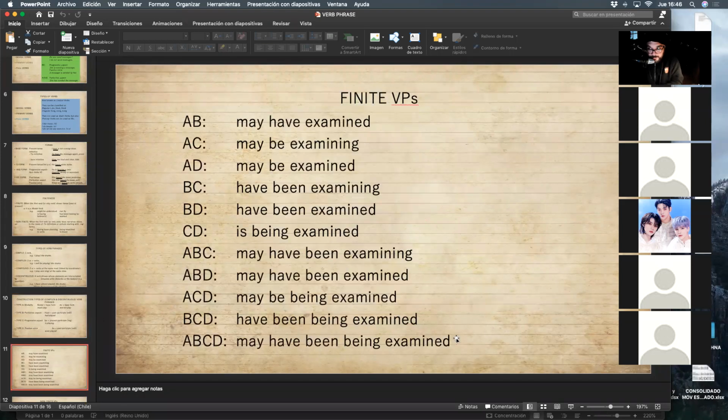Okay, finite verb phrases can be written in different manners, but not in any manner. Therefore, there is a pattern. This pattern has to do with the presence of these letters: A, modality; B, perfective aspect; C, progressive aspect; and D, passive voice. So an English verb phrase can be written in different ways, right?